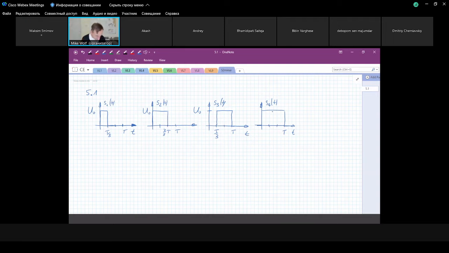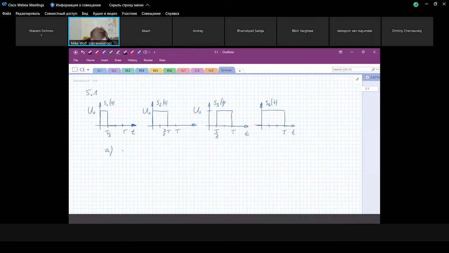And now it's written in this task: show that the signals do not build a set of orthogonal functions. If all the signals would be pairwise orthogonal, then the inner product between any pair of signals needs to disappear.